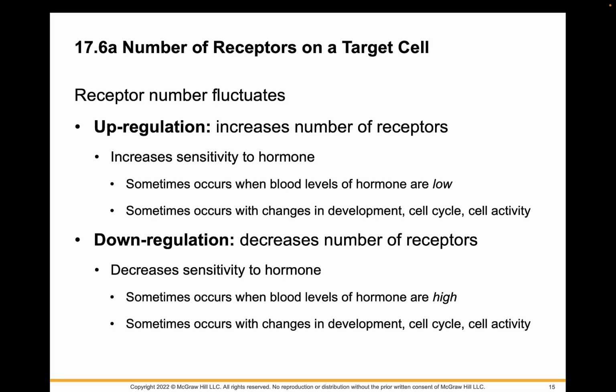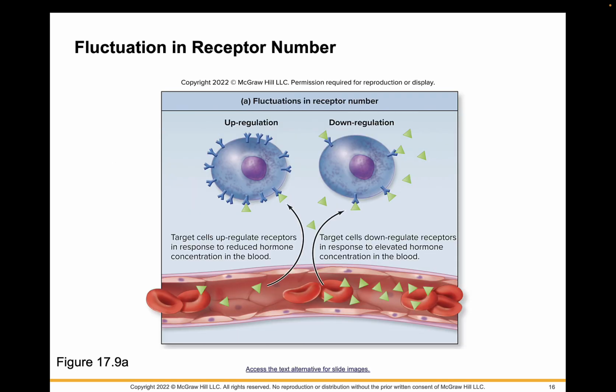It is going to be dynamic, and it's going to change in response to the amount of the hormone in circulation. Now, I'm going to move on to the next diagram, but the thing to remember here is increasing the number of receptors is increasing the sensitivity, whereas downregulation will be decreasing the sensitivity to the hormone. So let's kind of take a look at this.